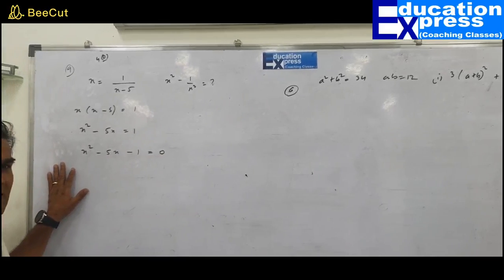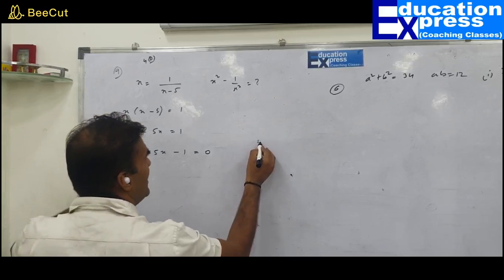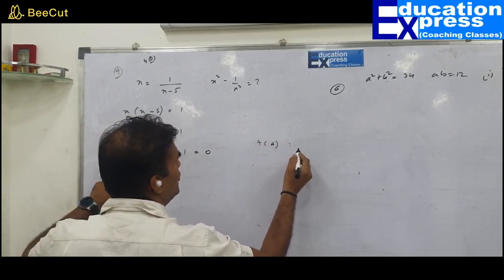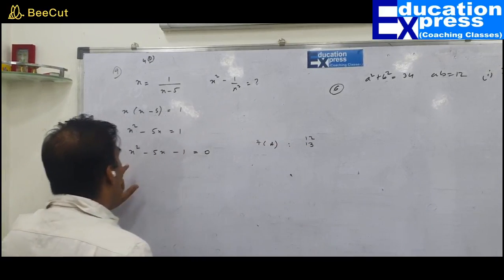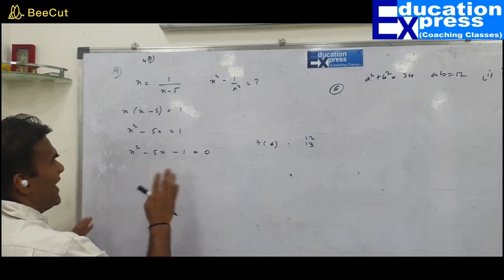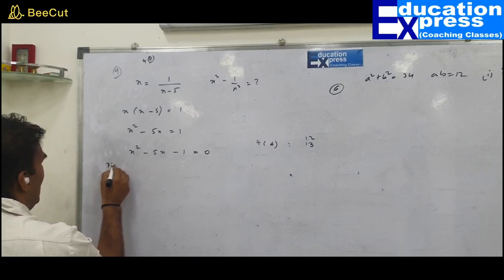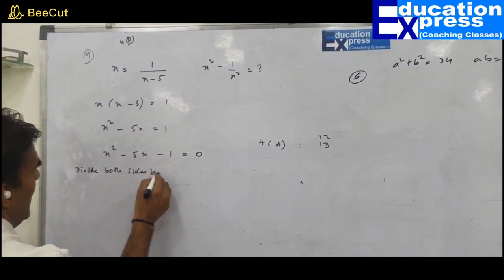This question is exactly identical to exercise 4A, question number 12. What we did there, sir, we divided both the sides by x.